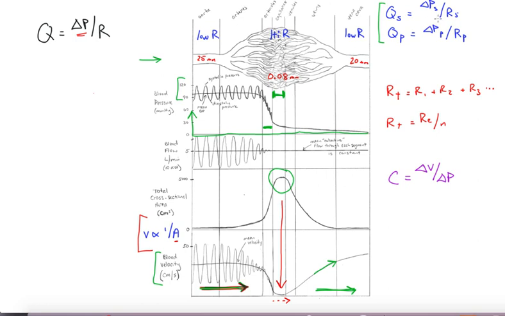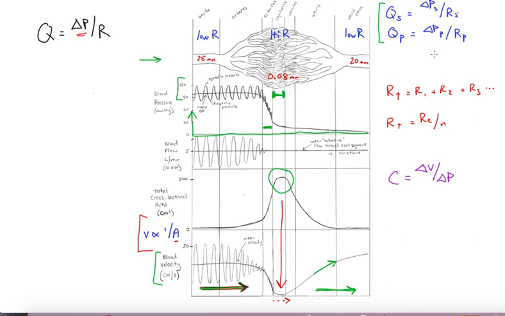Well, check it out. Systemic blood pressure is, mean at least, about 10 times higher than pulmonary. So S for systemic, P for pulmonary, right? So the systemic mean pressure is about 10 times higher than the mean pulmonary pressure.